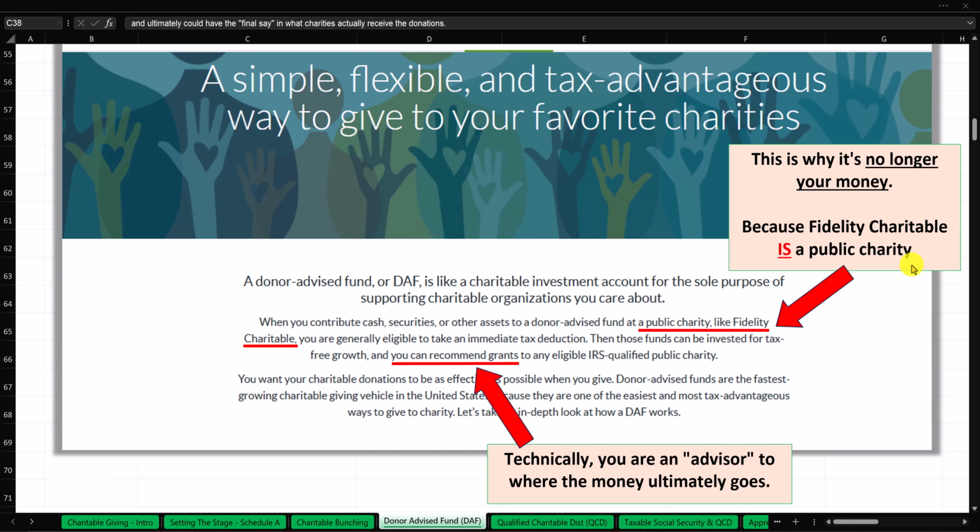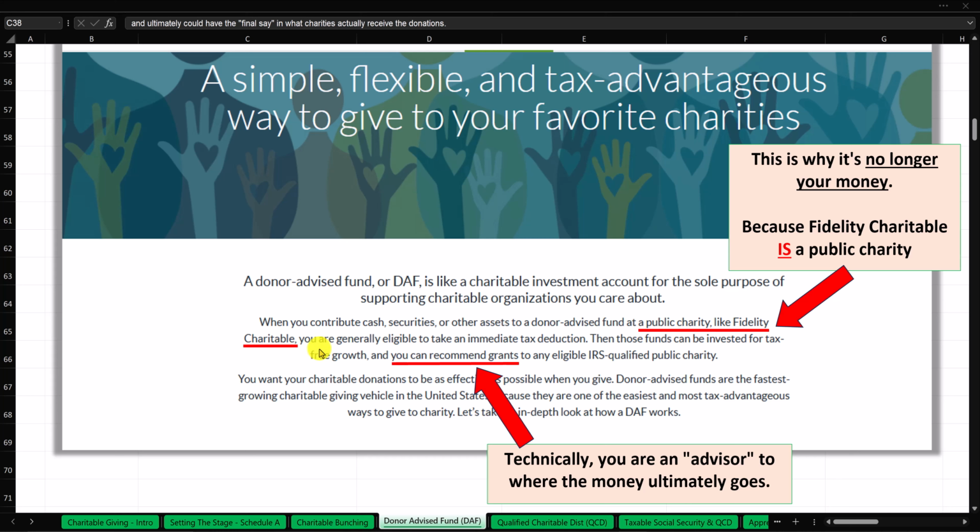You are giving the money to charity at the moment you put it in the donor advised fund. It's just that these types of public charities that run the donor-advised funds have the ability to accept the donations and then hold them and dole them out to where you designate over time.